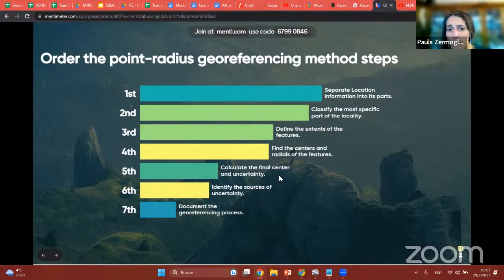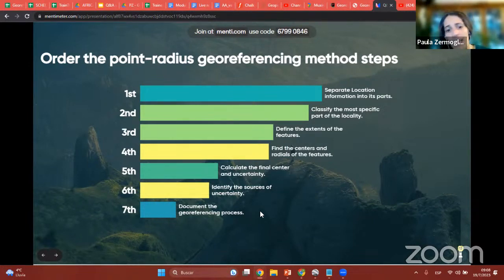So in order to be able to calculate the final center and the overall uncertainty, we need to know which are the sources of uncertainty. Because if we don't know that, we cannot put them into the calculation. So these two, fifth and sixth, are switched. First we need to know the sources of uncertainty, and then do the actual final calculation.